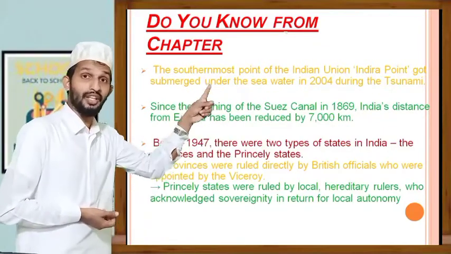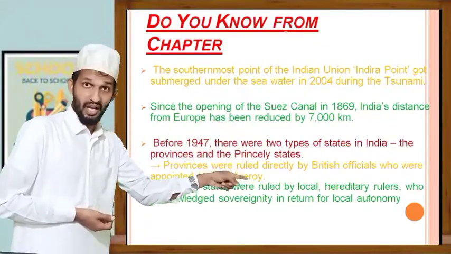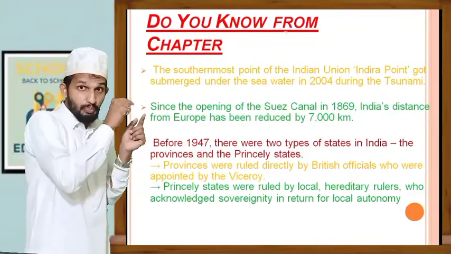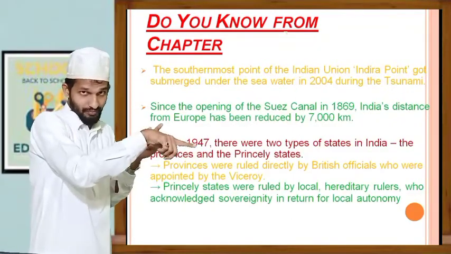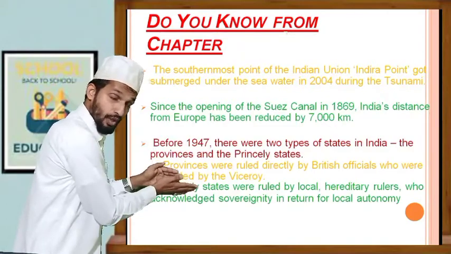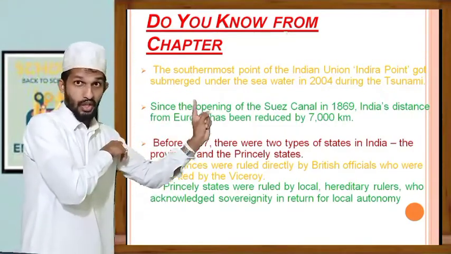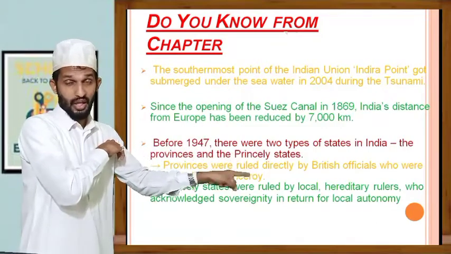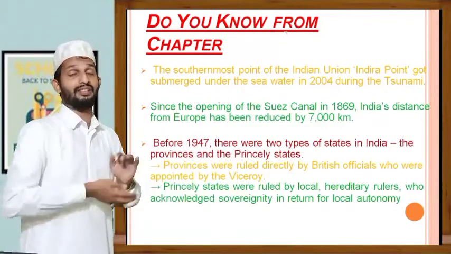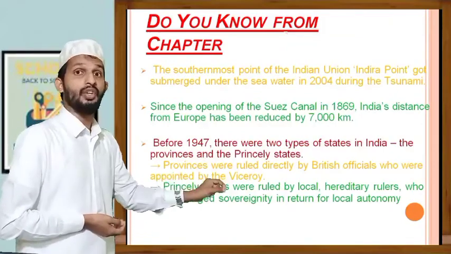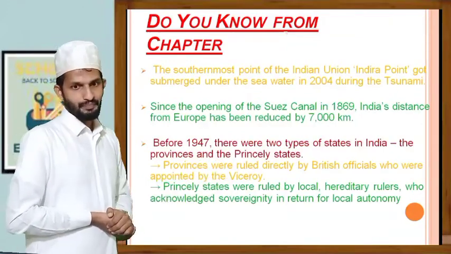Indira Point is situated in the Great Nicobar Island, at 6.4 degrees now. The mainland border starts at 8.4, but the southernmost extent of the Indian Union is in Nicobar Island. That is Indira Point, at 6.4.